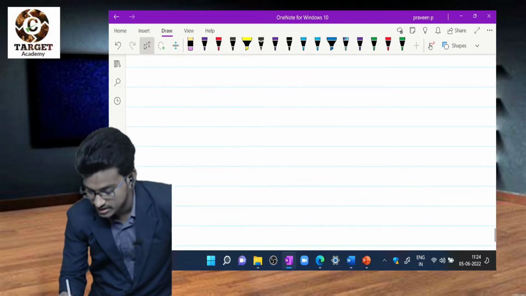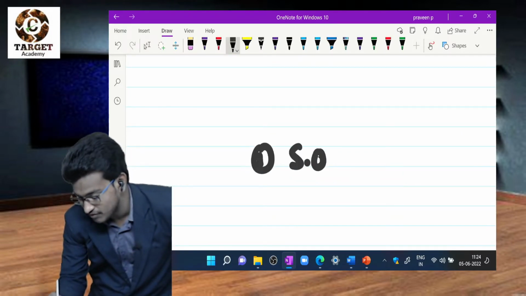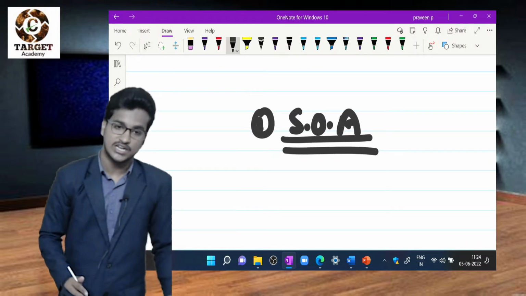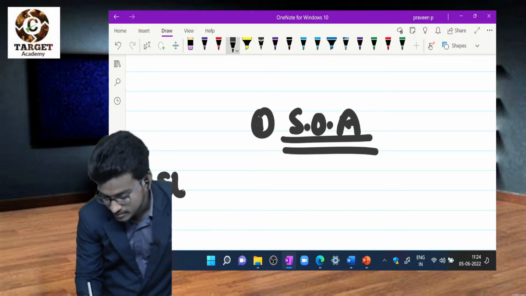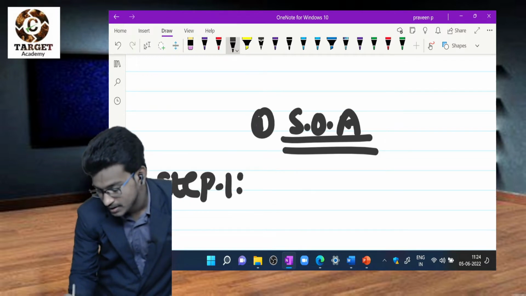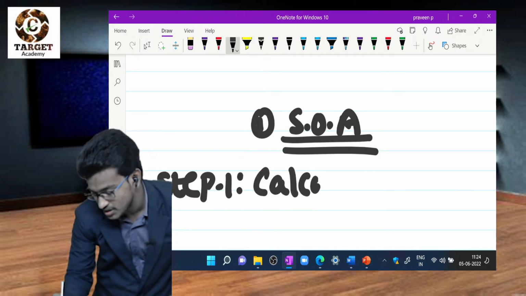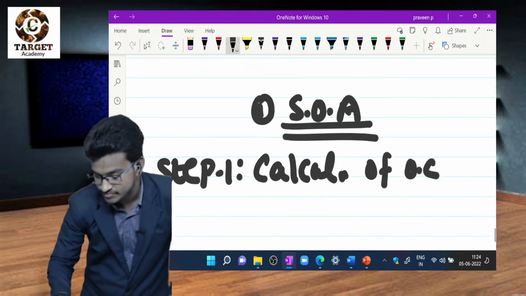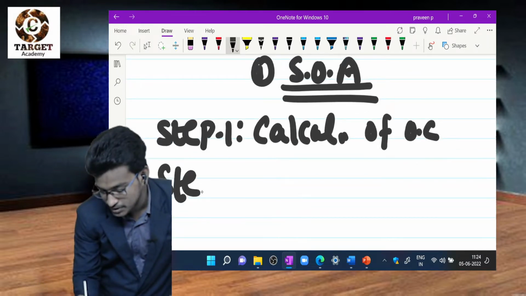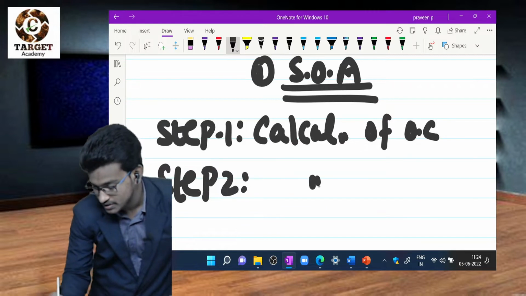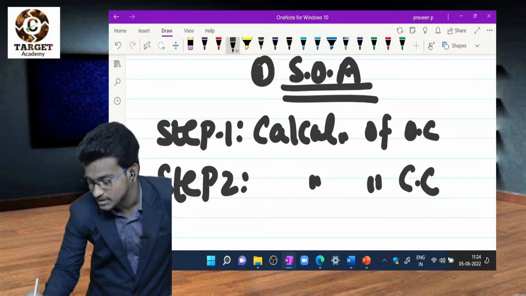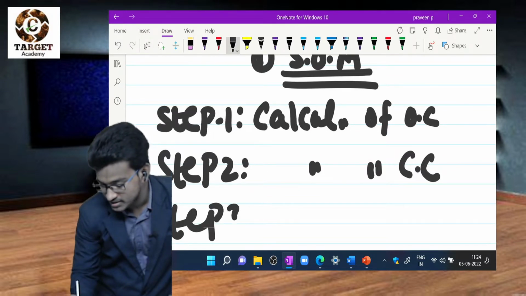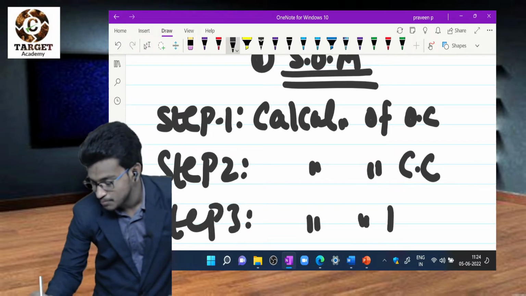So first we started with the statement of affairs method. In this method, there are 3 steps. Step number 1, calculation of opening capital. Step number 2, calculation of closing capital. Step number 3, calculation of profit or loss.